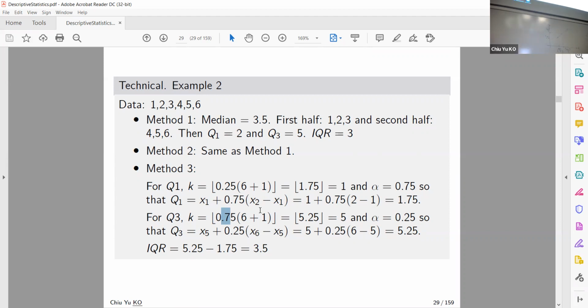So you can see with 3 methods, you end up with 3 different answers, and you want to ask what should we do when you do exercises or exams? We'll use method 3. Not because we are picky, but because there exists an Excel function and an R function for that. Later you will see. So that makes our life easier. And we talk about a linear population. Actually, there's a mathematical foundation for that.